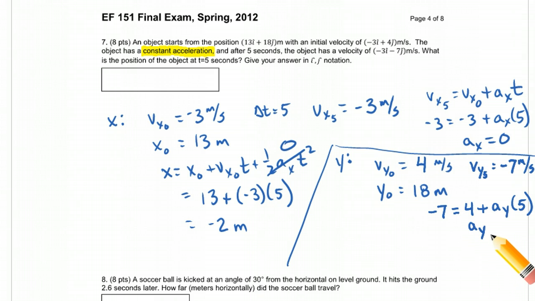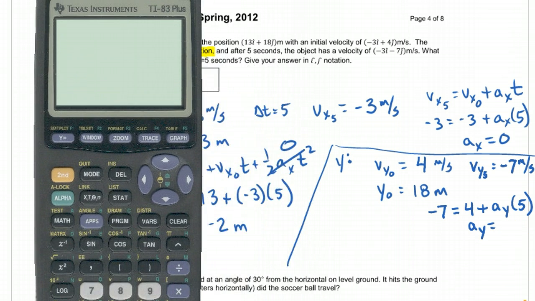So acceleration in y is going to be minus 11/5, looks like. Let's see. Minus 7 minus 4 is 11 divided by 5. Okay, so it's a minus 2.2 meters per second squared.